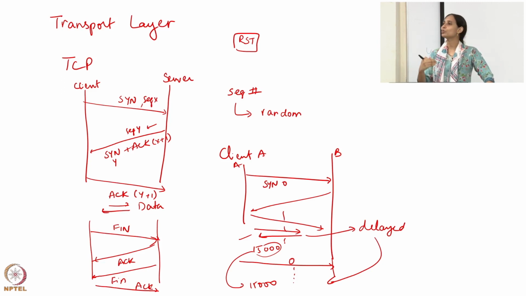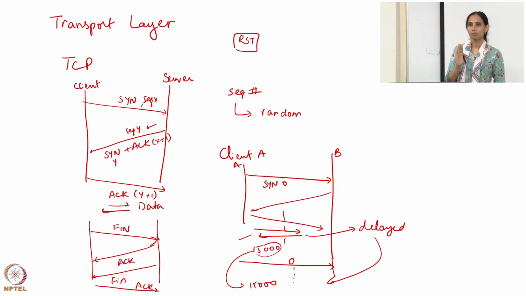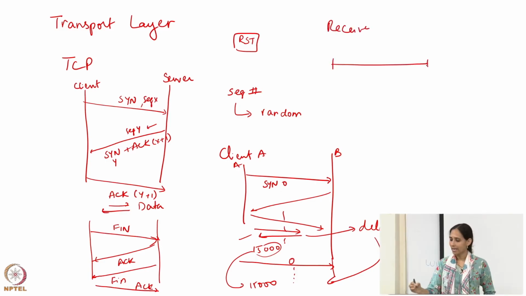So if you choose randomly, the sequence space will be different, and that old connection's packets cannot be injected into the next connection. You will drop them because they do not fall in the expected range. Remember, TCP is also a window based protocol. You are probably aware of the sliding window. What the receiver does is it expects at any given time packets only in a given window, and this window has a sequence number range from here to here.